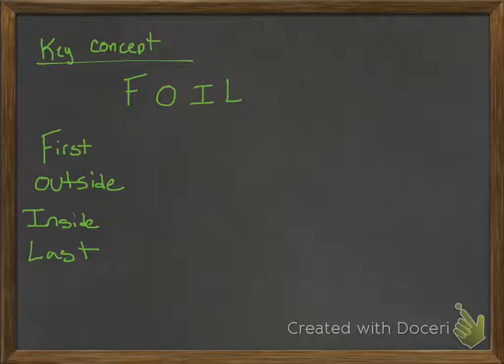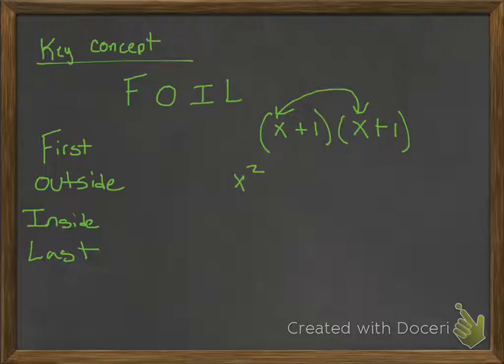It's the term FOIL. And what the term FOIL, when we use this in math, means: first, outside, inside, last. So if I'm multiplying, I'm just going to say x plus 1 times x plus 1. I'm going to go simple. I'm going to first multiply my two first terms. So that's x squared. Then my outside terms, so my outside terms will be these two, x and 1.